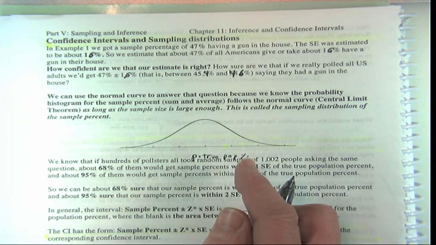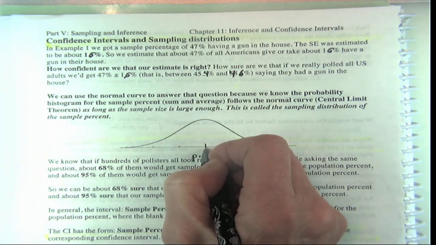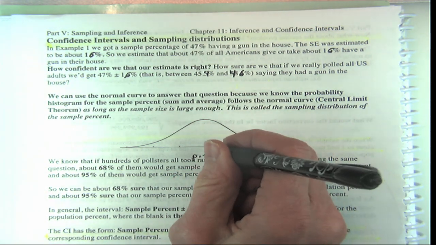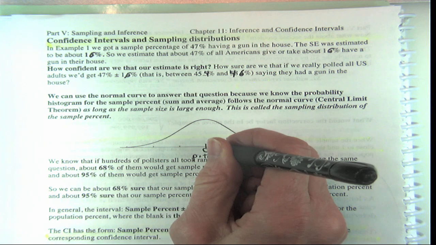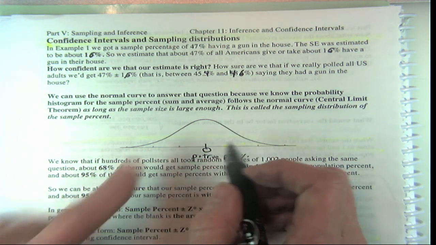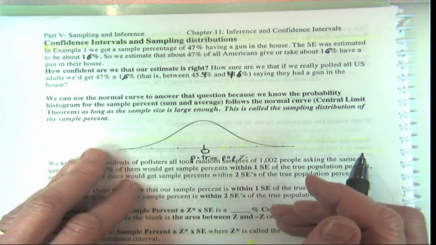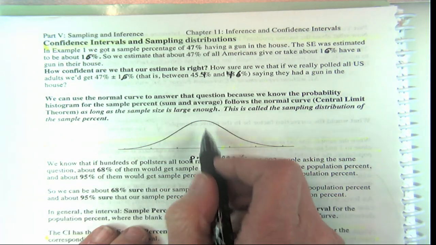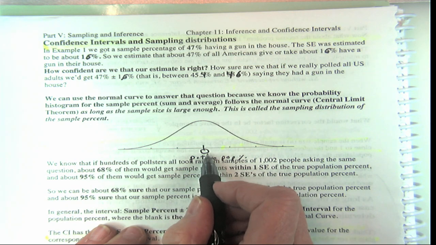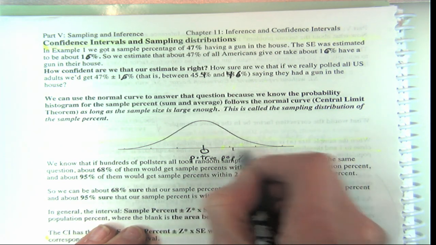We don't know it, right? Once we translate it into a z-score, the distribution of our sample percents would follow the normal curve, centered here at a z-score of 0. And it would look like this.